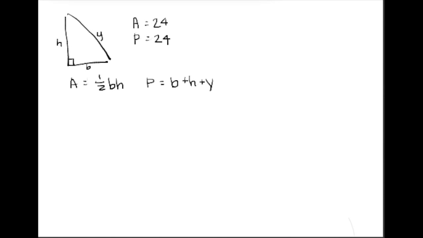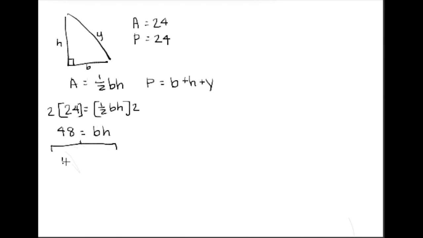Now what I'm going to do is multiply 2 on both sides of the area equation so that I know what my base times height is equal to. So multiply both sides by 2 and I have 48 equals base times height. Now that I know 48 equals base times height, I can come up with all the different 2 number combinations that multiply together to give me 48.